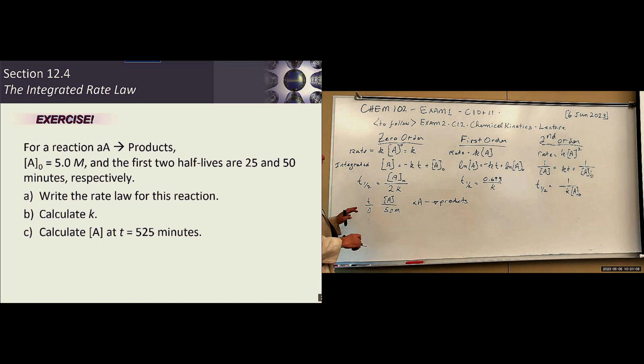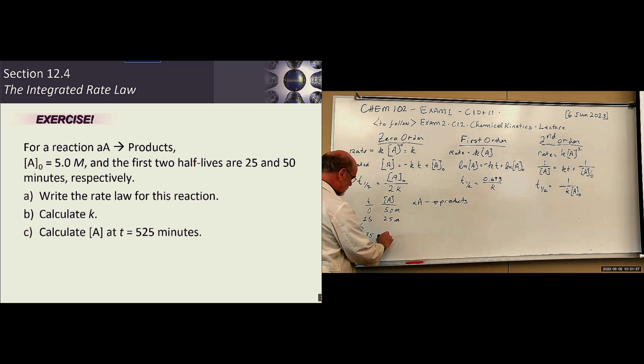So half-life means what? Well, after 25, half of that's left, correct? That's the first half-life, so 2.5. The second half-life, though, is 50 minutes. So 50 minutes from here to here is actually 75. And that's half of this one, right there.